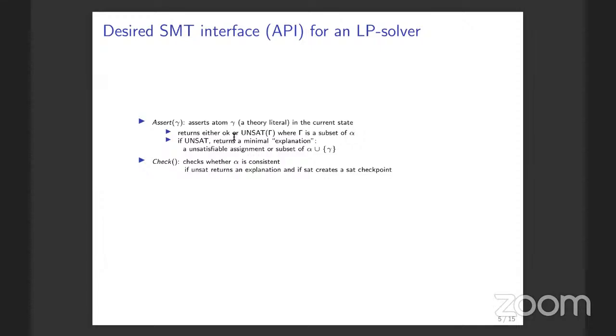This assert itself may or may not do a full check. There may be some quick checks for unsat it can do, so you can design it such that it does only certain very inexpensive unsat checks, until it thinks that it has accumulated enough asserted literals, after which it can invoke the full-fledged theory solver on it.